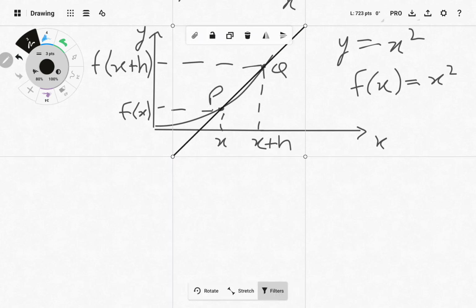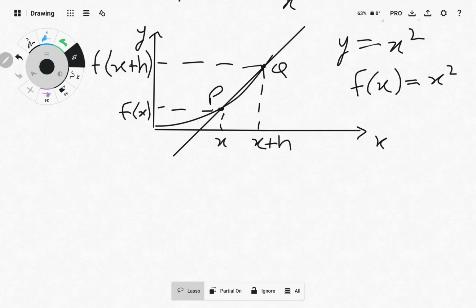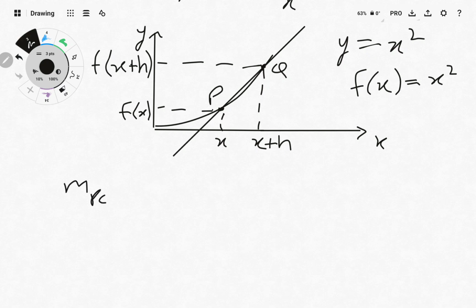So basically I'm going to find the gradient of PQ. I am not finding the gradient of the curve at one point. I'm not even finding the gradient of the curve as far as it's concerned for now. I'm finding the gradient of this line PQ.